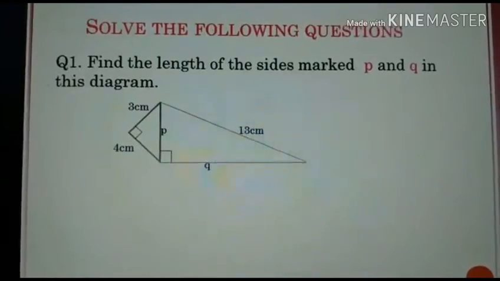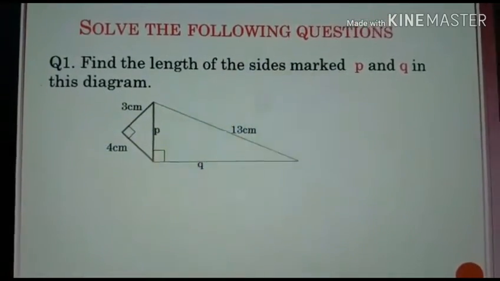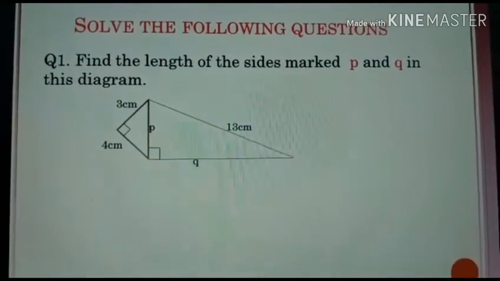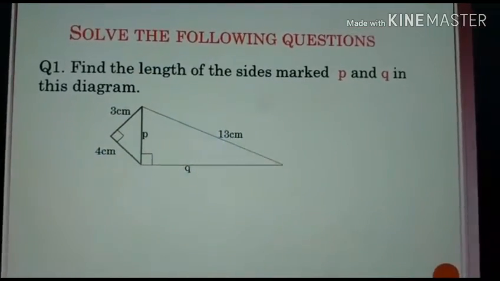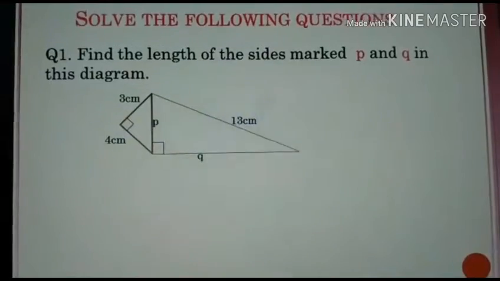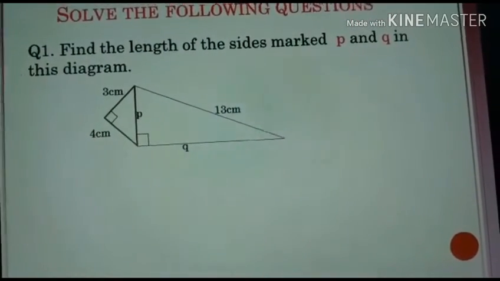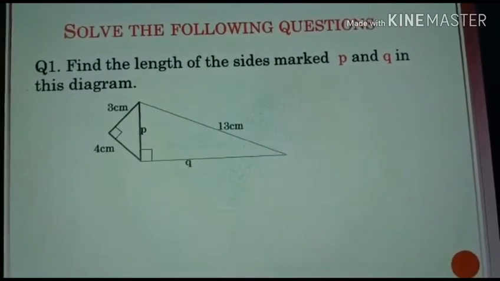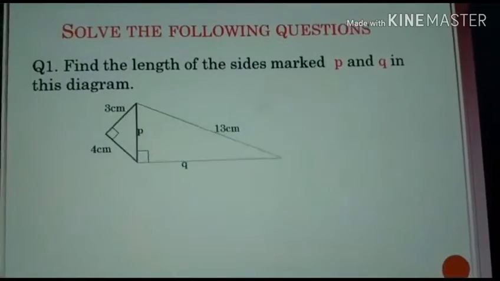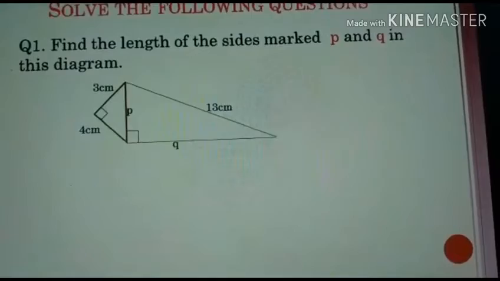Look here, one of the questions. Find the length of the sides marked P and Q in this diagram. In this diagram you can see two right angle triangles. Consider the first small right angle triangle, marked as P, 4 and 3 centimeter. Here P is the hypotenuse, and in the second right angle triangle 13 is the hypotenuse.